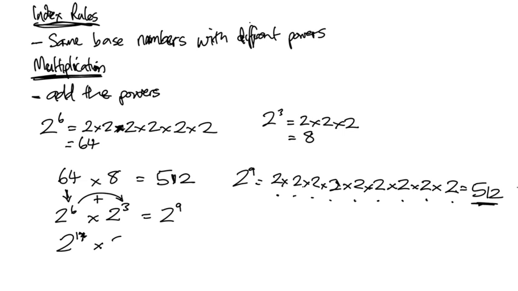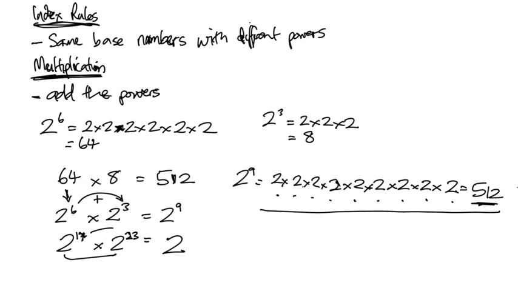So with this rule, if you had something like 2 to the power of 17 times by 2 to the power of 23, you don't need to spend all your time working out what 2 to the power of 17 is. You can notice that there's the same base number and they're being times together, so the answer is going to be that same base number with 17 and 23 added together.